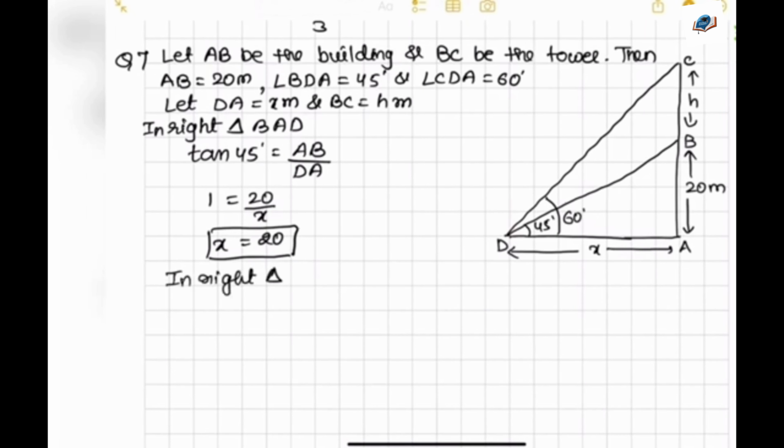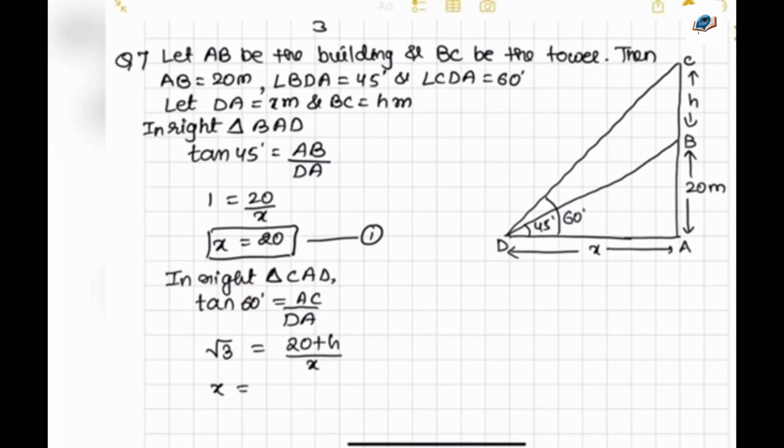Then in right triangle CAD, tan 60 equal to AC upon DA. So root 3 equal to 20 plus h upon x. So I can say x equal to 20 plus h upon root 3.